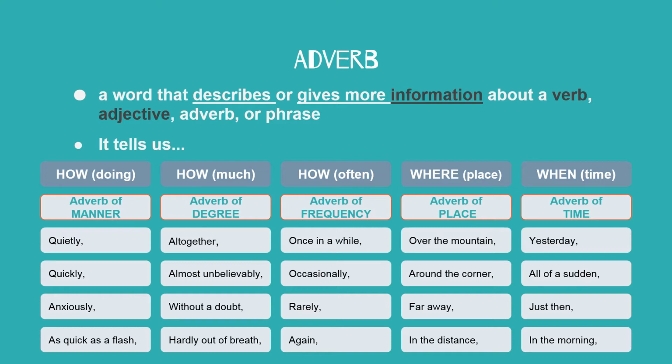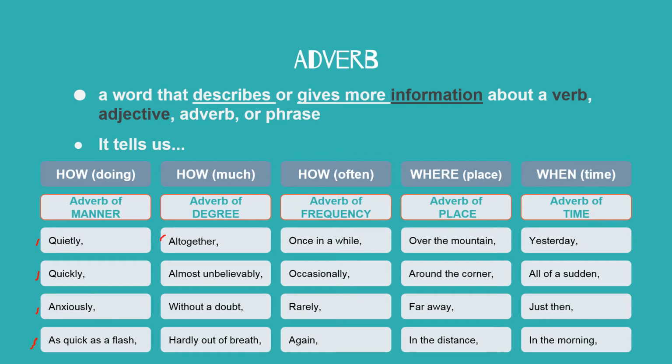Sometimes we call them an adverb of manner. For example, quietly, quickly, anxiously, as quick as a flash. We're describing how we are doing something, or the manner in which the action is done. There's also an adverb of degree, in how much or what extent.